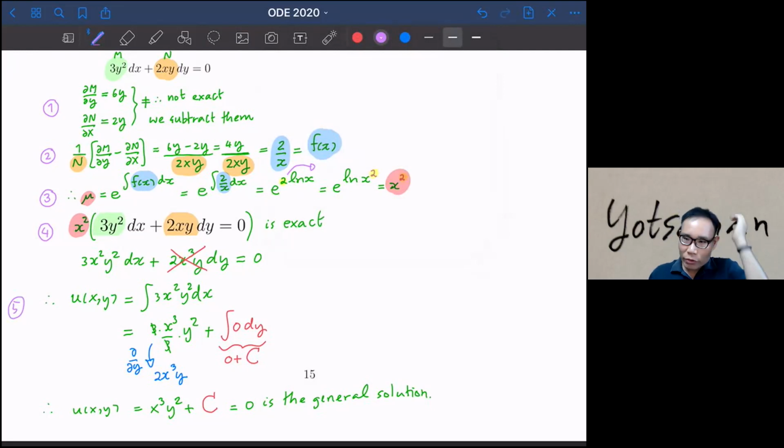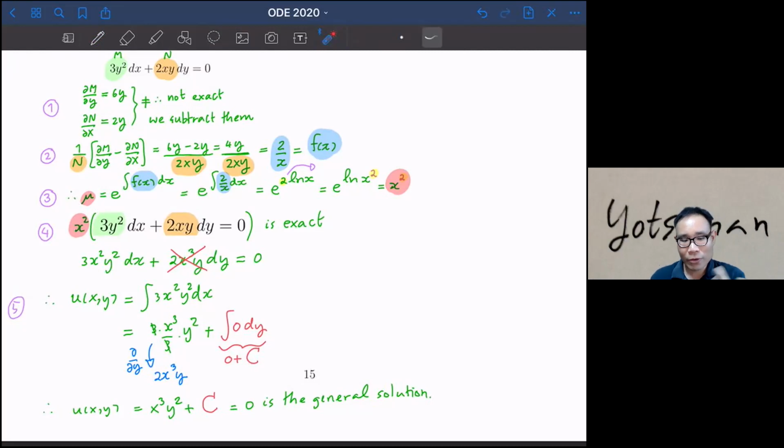So you may ask me, what happens if it turned out to be exact? You see that if it turned out to be exact, this term turned out to be 0, and the integrating factor turned out to be just a constant. So you don't need to multiply anything. That is also the exact equation.